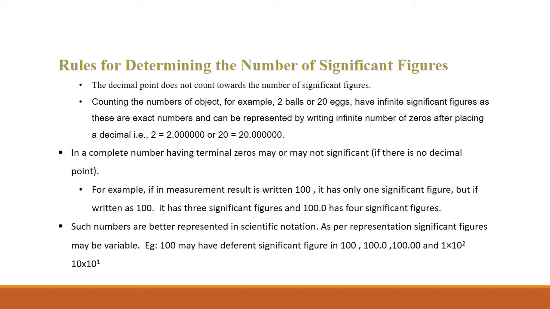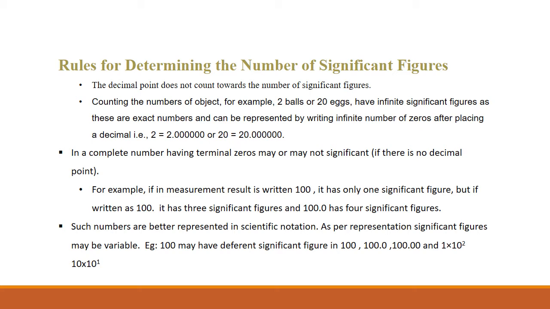In a number having terminal zeros, the zeros may or may not be significant if there is no decimal point. For example, if the measurement result is written as 100, it has only one significant figure. But if it is written as 100 with a decimal point, all the zeros to the right are significant.